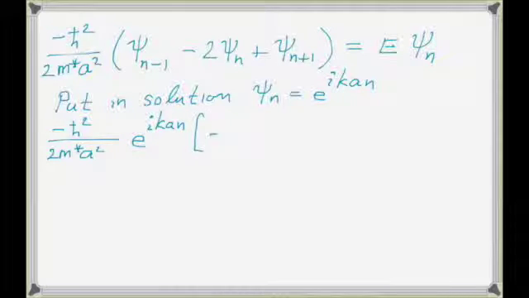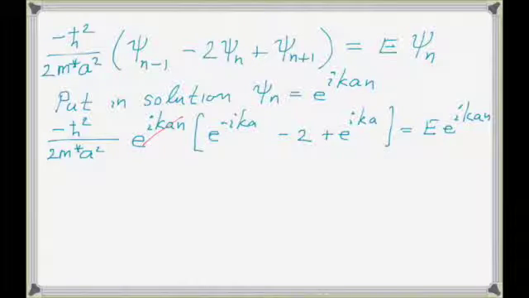Then I'm going to have e to the minus i k a, minus 2, plus e to the i k a, and that's equal to E times this common phase factor, and again we'll cancel out the common phase factors from both sides.